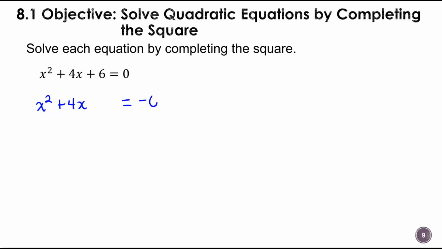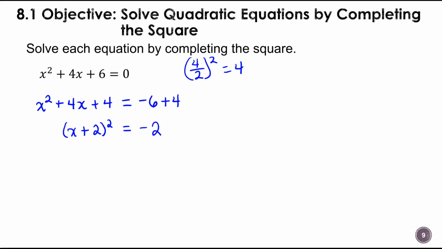Scoot the 6 over to the other side, so it's going to be a -6. Now I'm going to take half of 4, divide it by 2 and square it. 4 divided by 2 is 2, 2 squared is 4, so it requires a 4 to complete the square and make this a perfect square trinomial. And then we write that in factored form and simplify on the right-hand side. -6 plus 4 is -2.